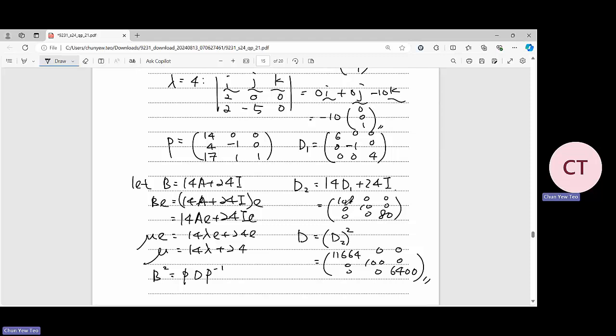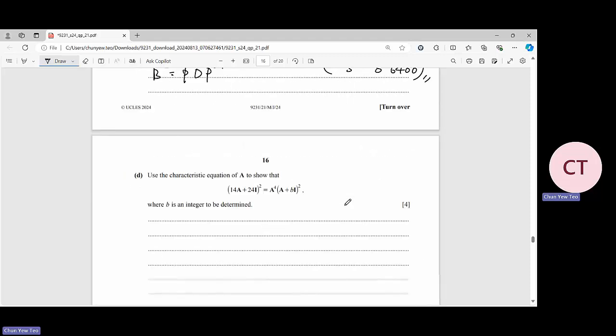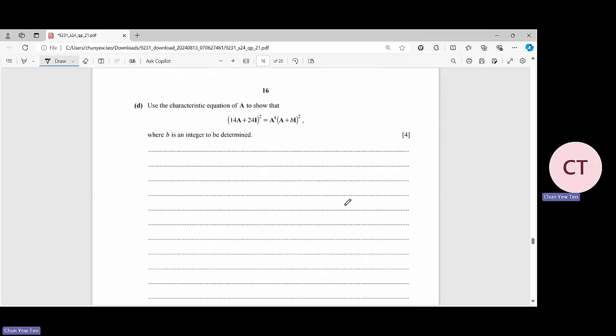And now we move on to the last question. D. Use the characteristic equation of A to show that this relationship holds, and B is an integer for us to determine.